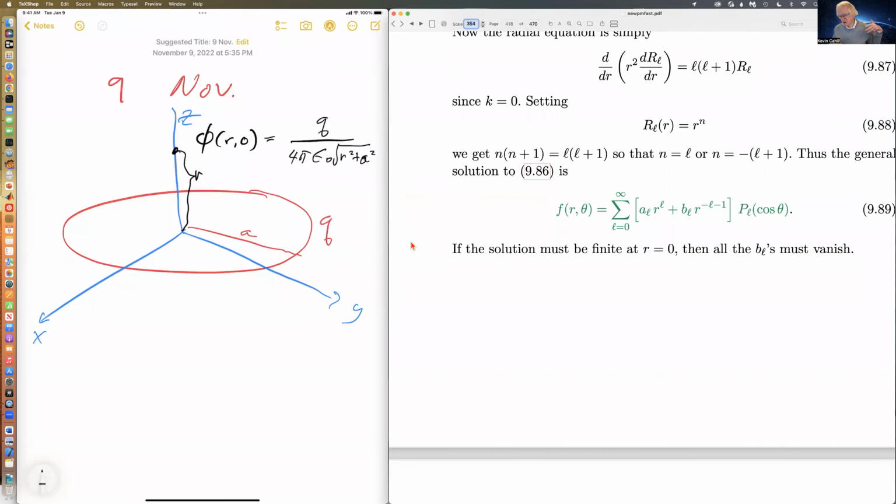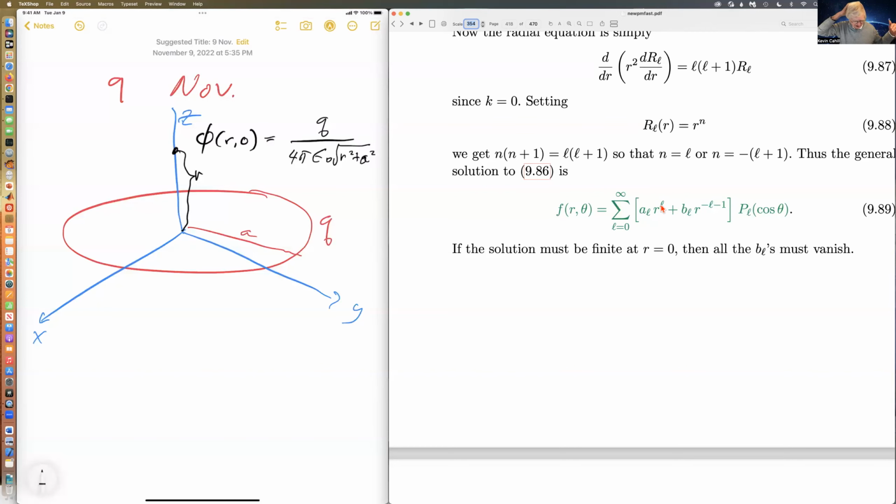Whereas here I'm going to work out the potential for r greater than a. Well, it's the same formula, but the coefficients will just be different. And in particular, the only r to the L term that can survive is for L equals 0. The others diverge at infinity.